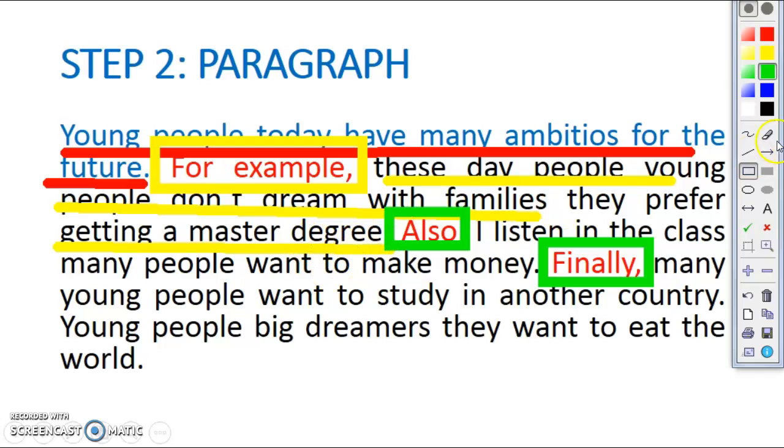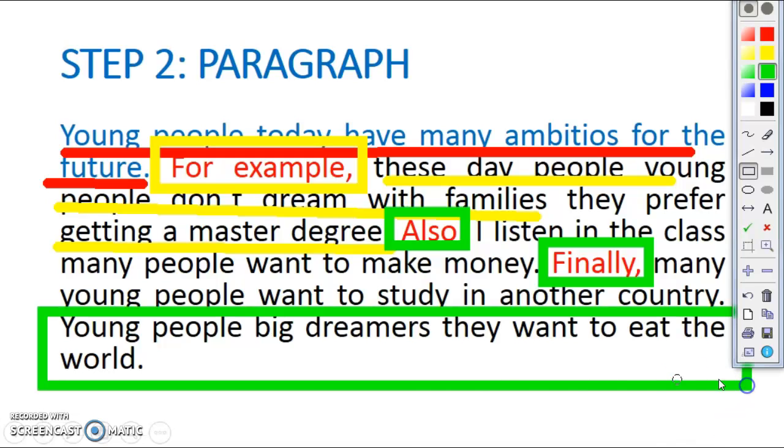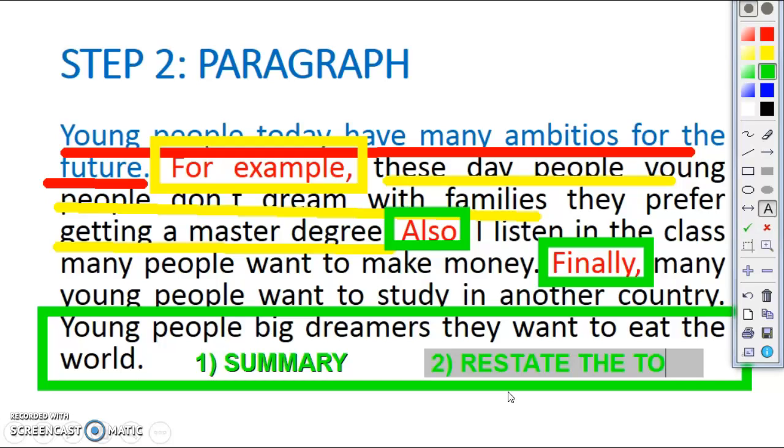Okay, so when we are concluding, when we're finishing our paragraph, we restate in the last sentence. This is the last sentence. This is a small summary of the paragraph. In only one sentence, we summarize what we have said in the whole paragraph. Okay, this is option number 1: you summarize the whole paragraph. Or option number 2, you restate the topic sentence.